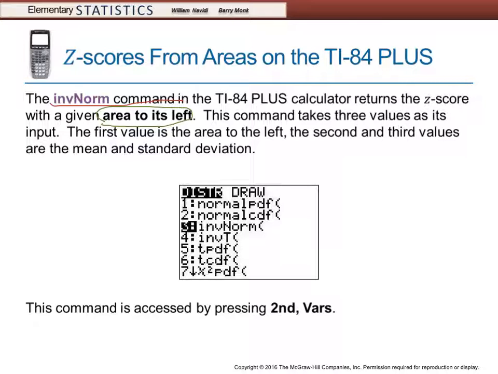So to get our screen, we hit the 2nd VARS key, and we pick option 3. Then we put in the area or probability, comma, the mean value, comma, and then the standard deviation, parentheses closed.